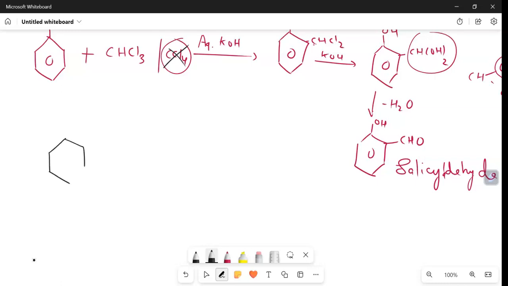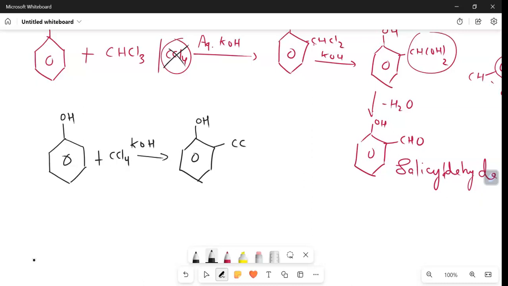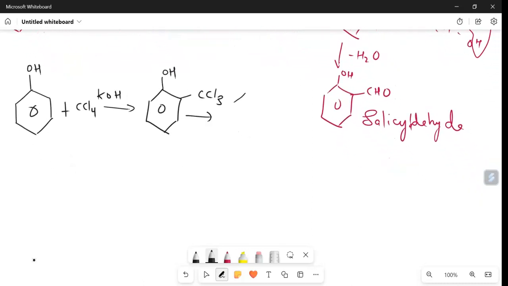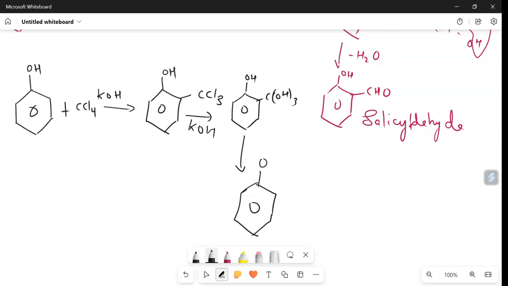If phenol is treated with CCl4 in the presence of KOH, here it will come CCl3, and further reacting, it will form OH, C(OH) whole thrice in the presence of KOH, and removing the water molecule, it will form salicylic acid, that is COOH.